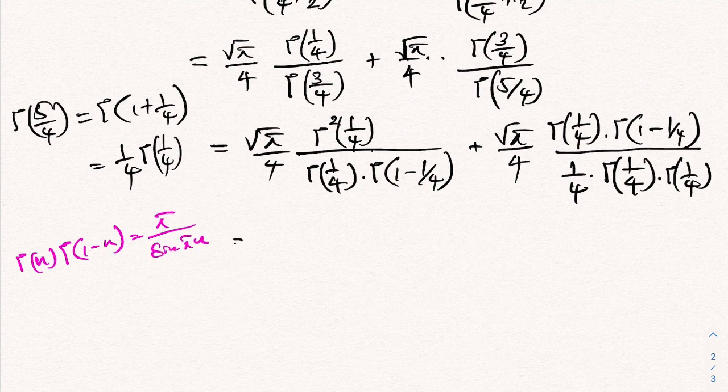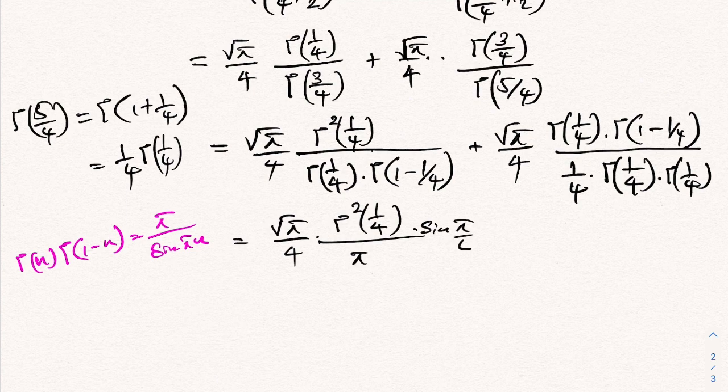So we can write here square root of pi over 4 times gamma square of 1 over 4 over pi over sine of pi over 4. Then here again square root of pi over 4.